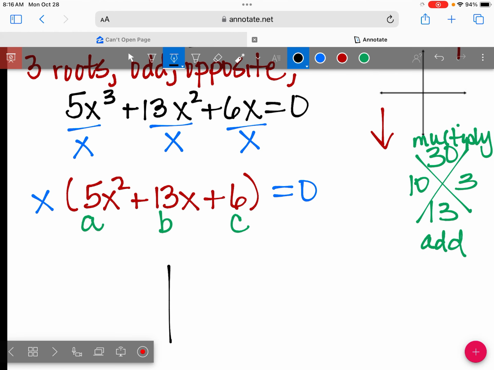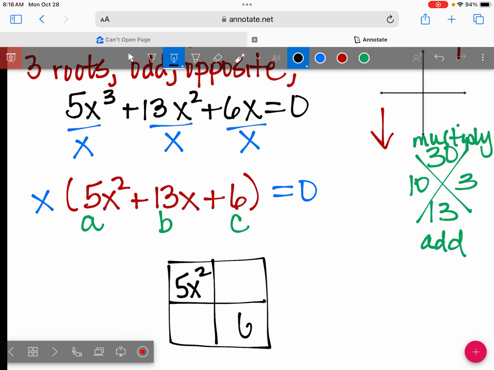When you make your box, the A term goes top left, C goes bottom right, and the other 2, put your 10x and your 3x. So now let's take out our greatest common factor.